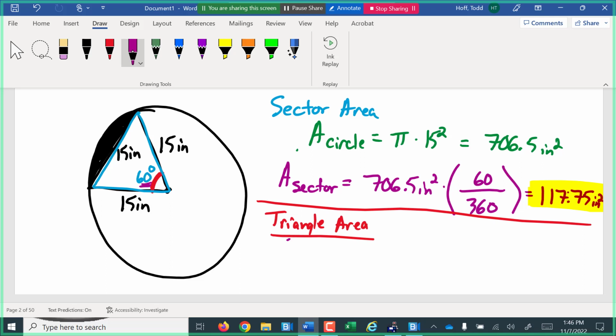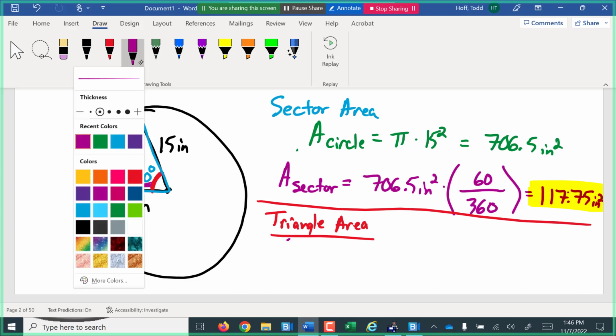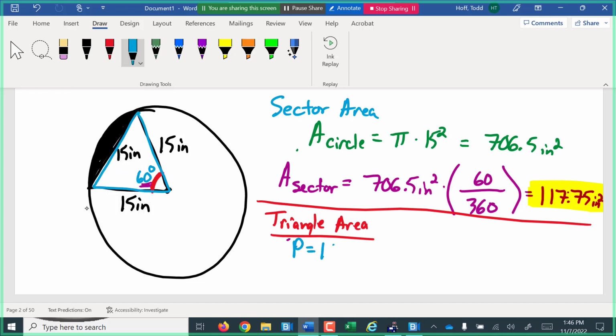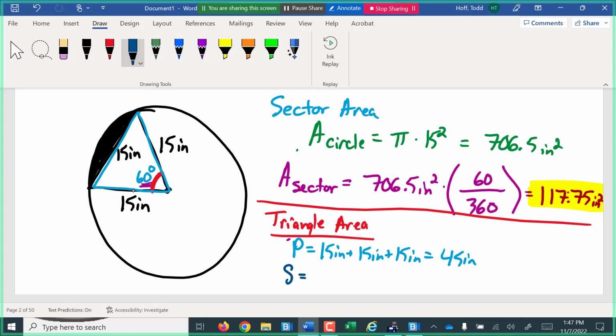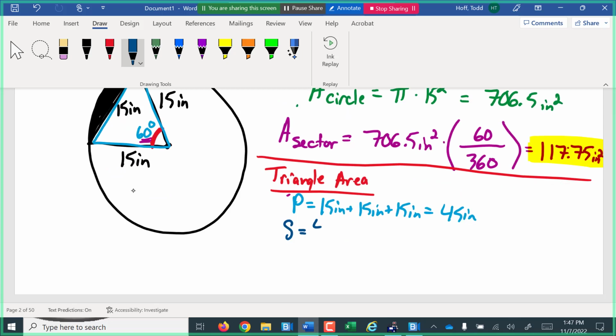Well, because this is an equilateral triangle, there are no right angles in it. We're going to start off by finding the perimeter of that triangle, which is just 15 inches plus 15 inches plus 15 inches, giving us how much? 45 inches. And then we're going to find the semi-perimeter, which will be found by 45.